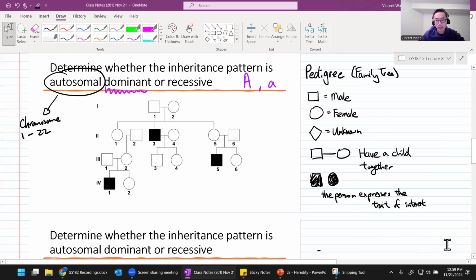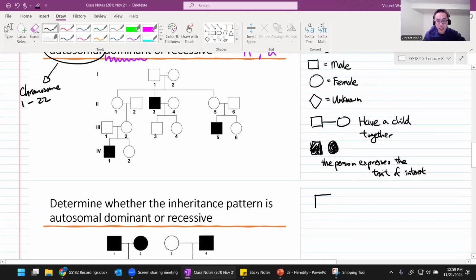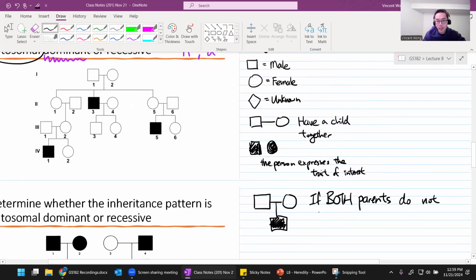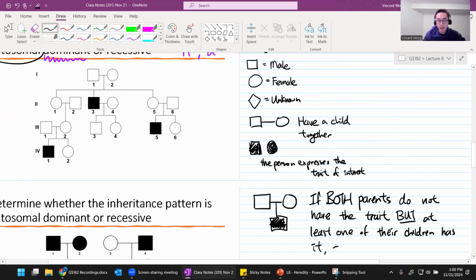So I'm going to draw it out here for you. If you see a couple who do not have the trait, but at least one of their children has it, then it is not dominant.